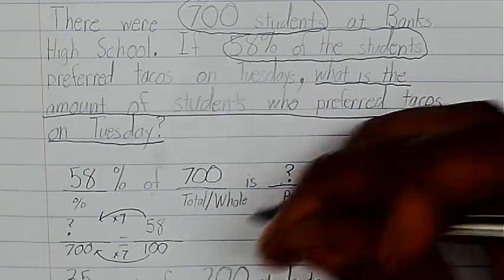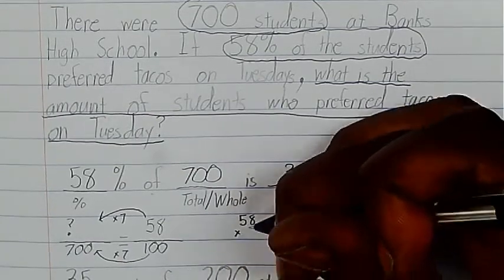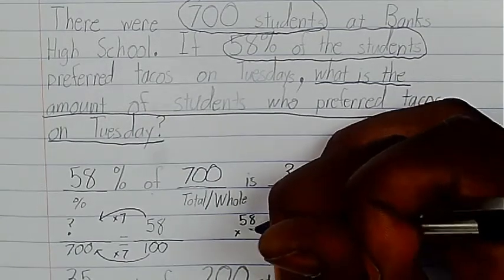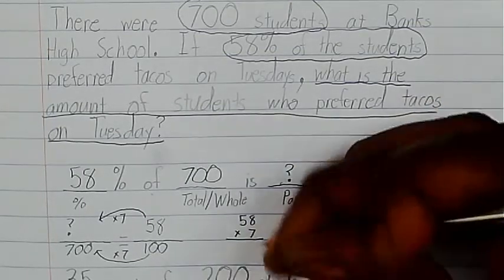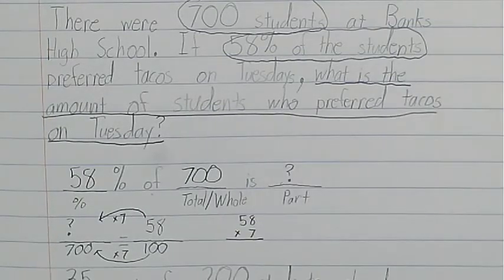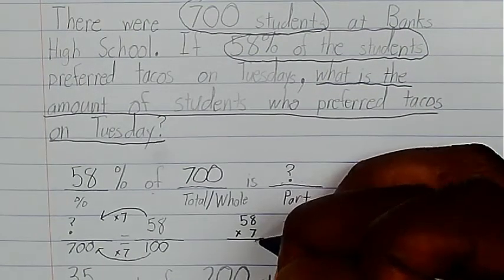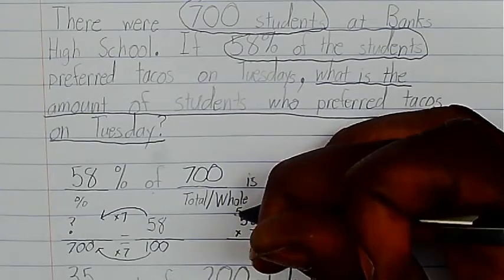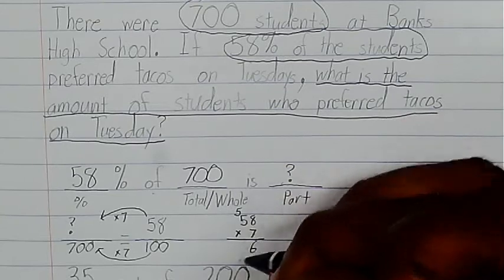So here I'm just going to multiply that out. I have 58 times 7. 8 times 7 is, wait a second, 56. Drop your 6, raise your 5. 7 times 5 is 35, plus 5 is 40.